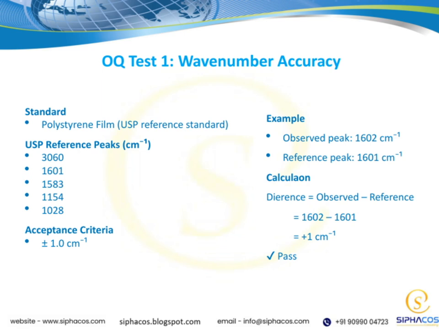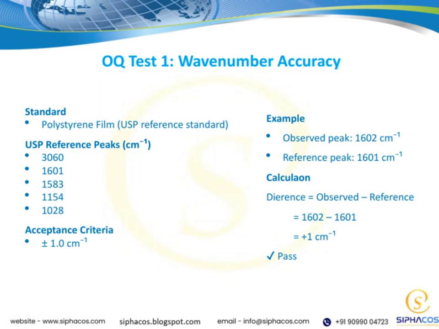Moving on, we have the acceptance criteria for the wave number accuracy, which is set at plus or minus 1 cm⁻¹. This means any measured peak should fall within 1 unit of the reference value to be considered acceptable. Let's see an example to clarify this. Suppose we observe a peak at 1602 cm⁻¹ and the reference peak is at 1601 cm⁻¹.